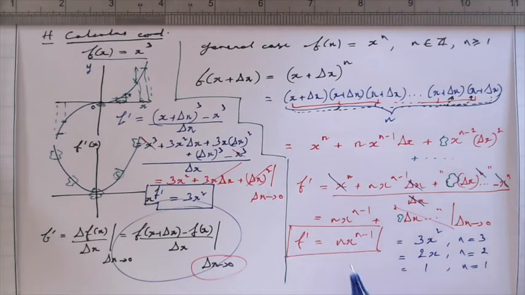So this formula almost gives you the answer if you have n equals 0. You don't need all of this to know the derivative of f of x equals x to the 0, because x to the 0 is just 1. You just have a constant, and its derivative is 0, because the change in the output is always 0 regardless of any change in the input. So let's just say that there.